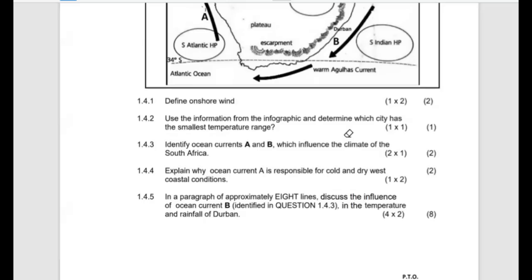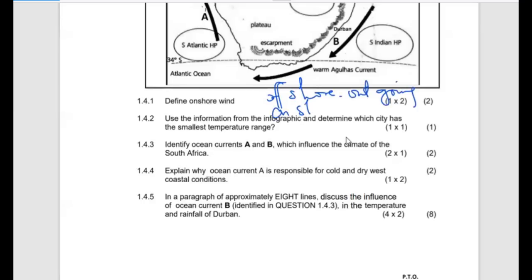Define onshore winds. That's the first question. When we're defining onshore winds, we are looking at onshore winds which are incoming. Then offshore is outgoing. That is what you must note. When you talk of offshore, it means it's outgoing.